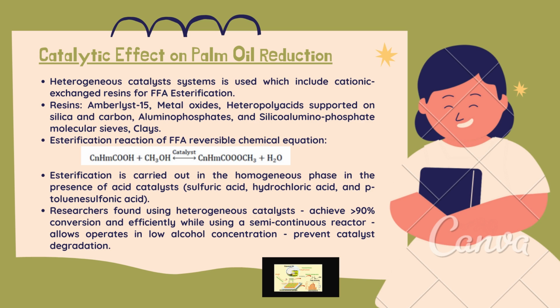Esterification is normally carried out in the homogeneous phase in the presence of acid catalysts such as sulfuric acid, hydrochloric acid, and p-toluene sulfonic acid. Many researchers have found that using acid catalyst in the homogeneous phase causes many inconveniences, such as difficulties in recycling, high temperature, corrosion, and environmental problems, but not acidic heterogeneous catalysts, such as solid catalysts, which do not have these problems.